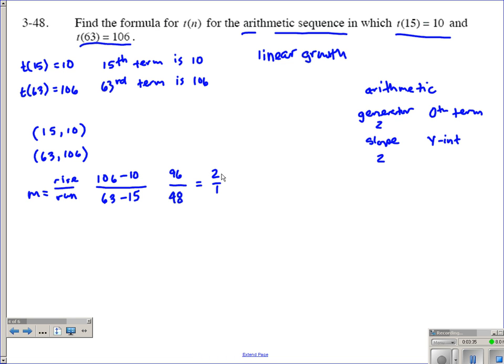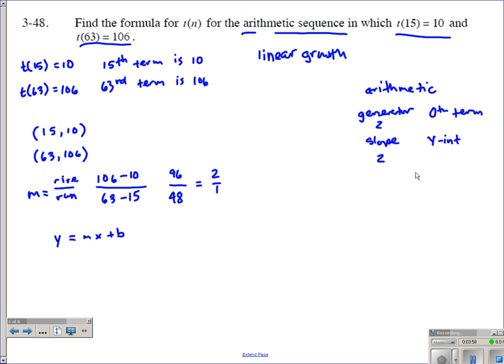Our 0th term, well, we could find that either by counting backwards from our 15th term all the way down to our 0th term, or if we treat it like it's a linear function here, we could use y equals mx plus b.